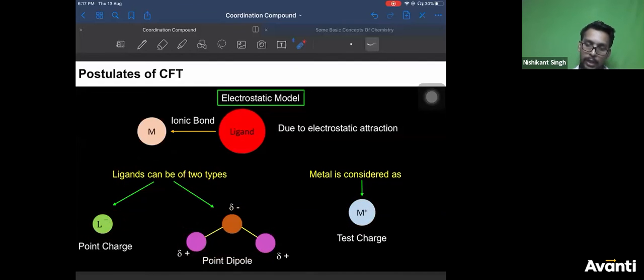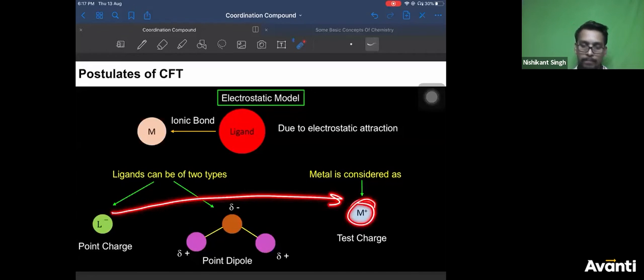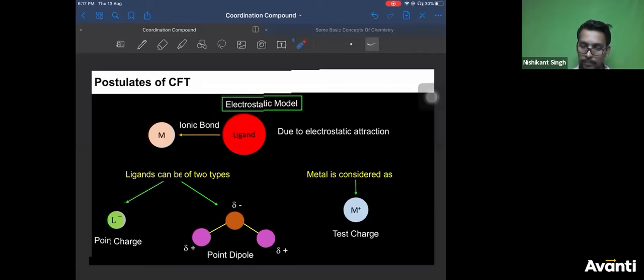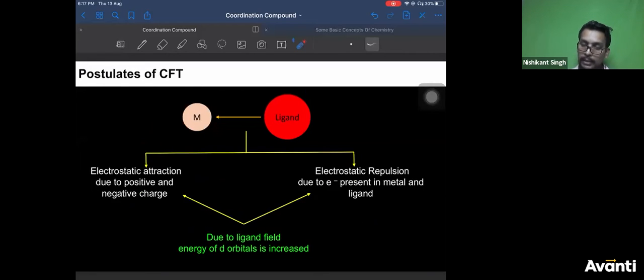So between the negative end of the dipole and the metal atom there is a force of attraction, that is ionic bond. Or if your ligand is negatively charged, then also this force of attraction leads to ionic bond. So basically, in short, there is an ionic bond. Okay? In short.